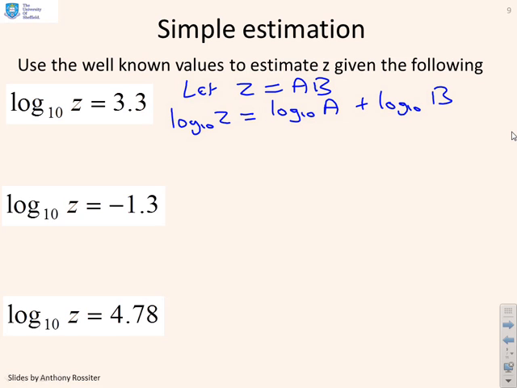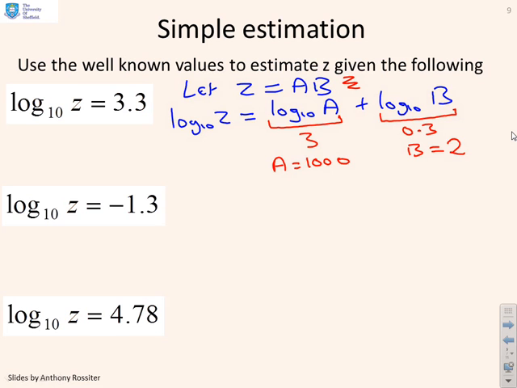So I'm going to let log 10 of a be 3 and log 10 of b be 0.3. And what that tells me is a has to be 1,000 and b has to be 2. So now you can see that z must be 2,000 because z is just a times b.